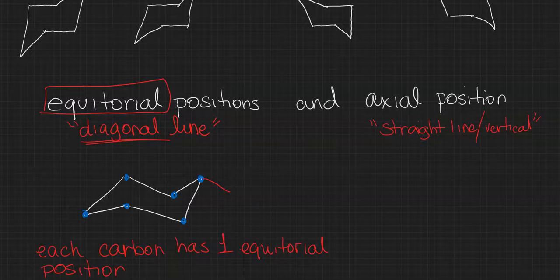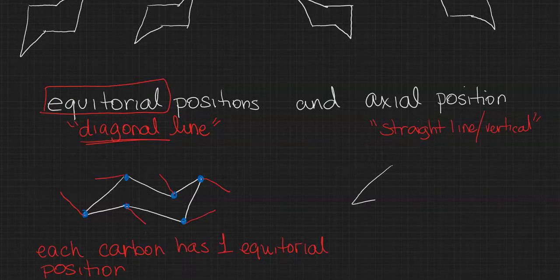So here, here, here, or if we want to bring that one down, we can. Here, here, here, here. So the red lines that we have signify the equatorial position.